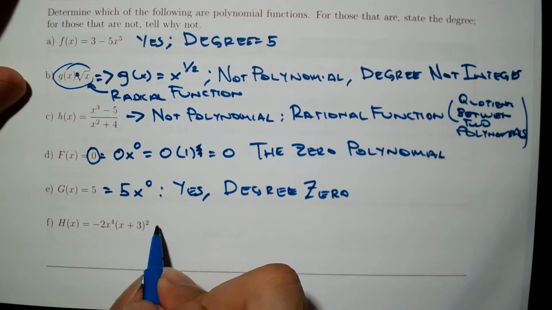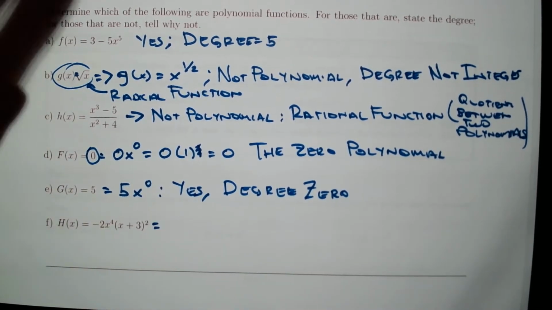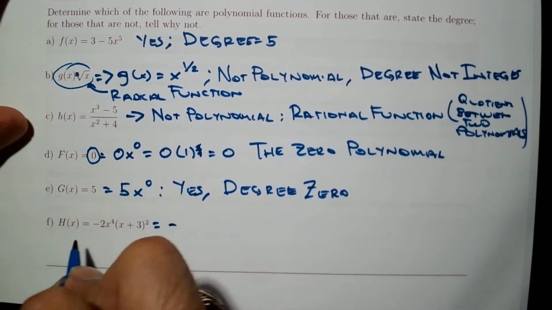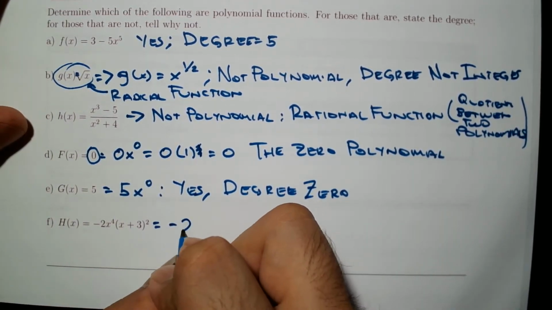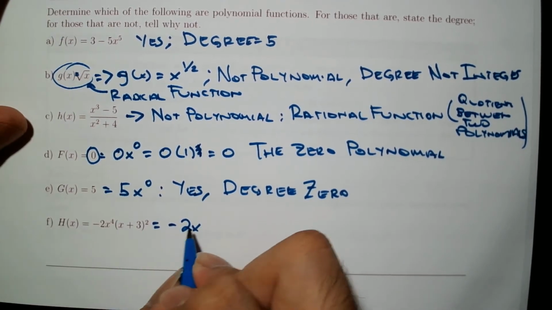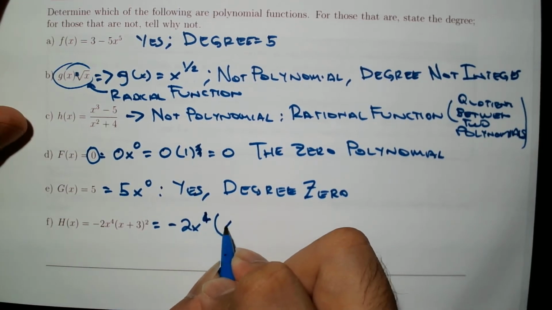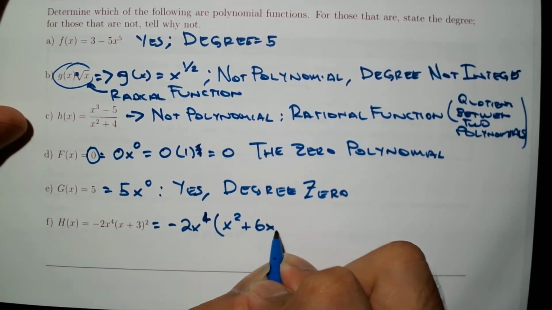Letter F. For letter F, we might need to do a little bit of work before we can determine whether it is or whether it is not. So what I'm going to do is expand the binomial, and then distribute the negative 2x to the 4th power. So this is x squared plus 6x plus 9.